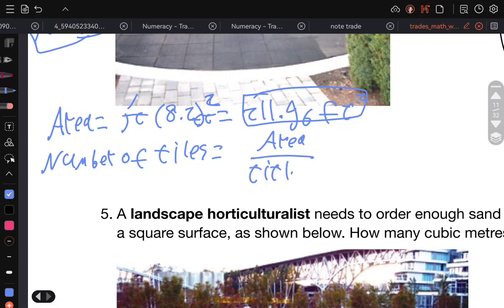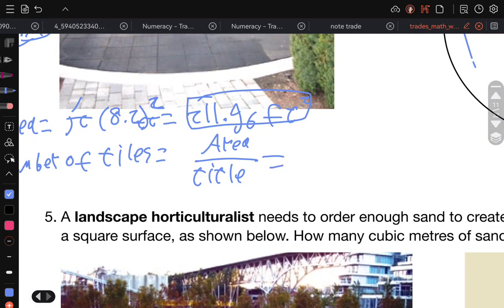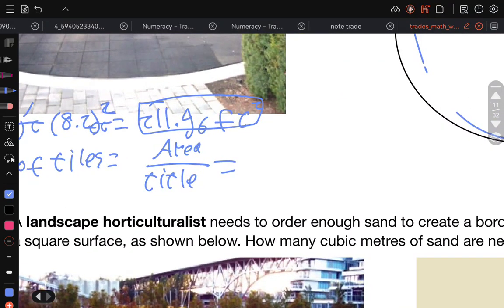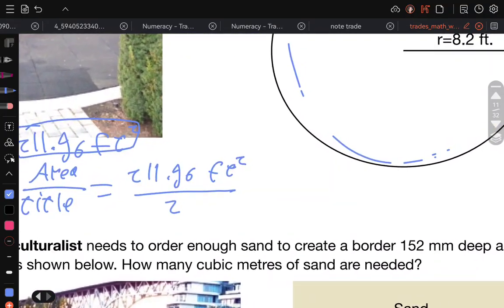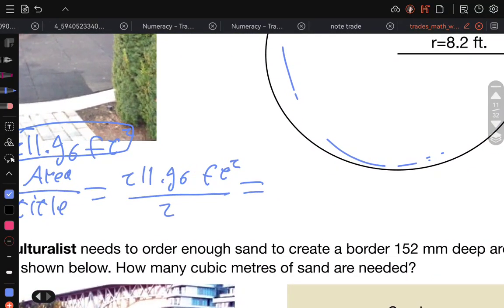Just write like this. So the result that we got, which is 211.96 feet square, the other one is just number 2. That's it. So you do the calculation and it's gonna be 105.98.